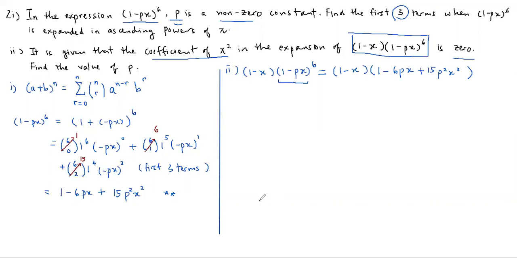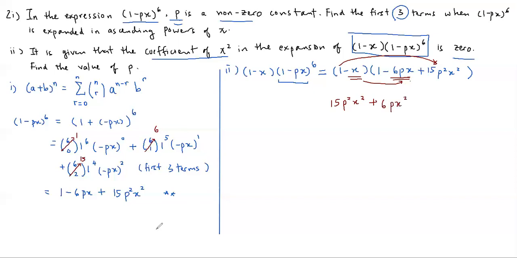We only need the x squared term. 1 times the third term gives you an x squared term, which is 15p squared x squared. And then negative x, to get an x squared term, you need to multiply with a term that contains x only, and that is 6px squared.